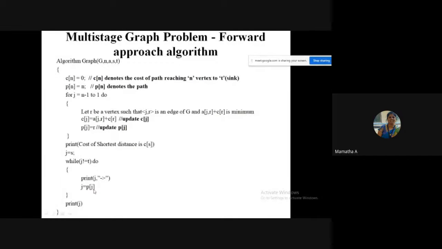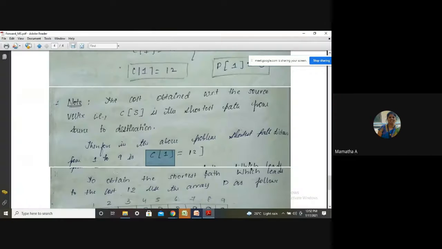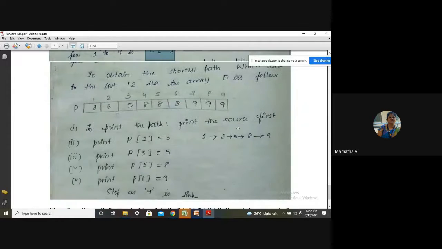Are you understanding? First print the source vertex. For the next iteration, what is my j value? j value will be p of j. Yes, that's what I did here. You can observe, first I print the source vertex. Here you can see, first we print j, which is now the source vertex.